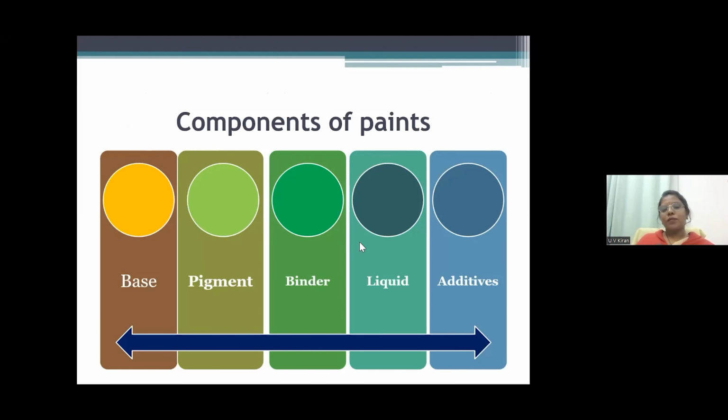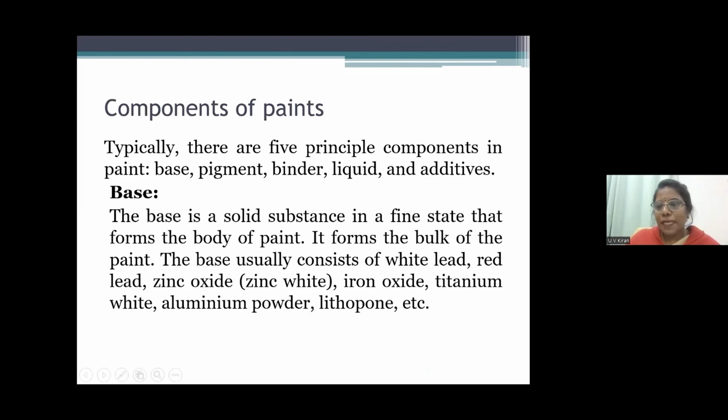When we speak about components of paints, there are basically 5 components. Paint has a base, a pigment, a binder, a liquid agent, and additives. The base is a solid substance which forms the body of the paint.